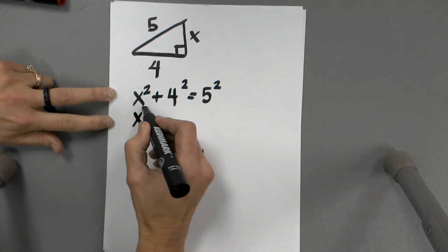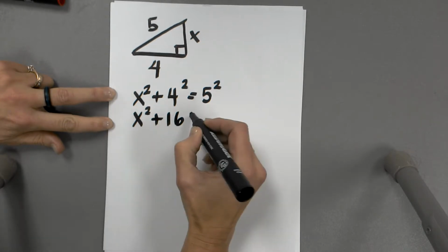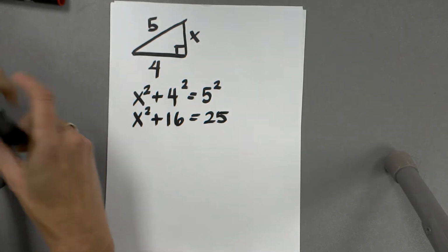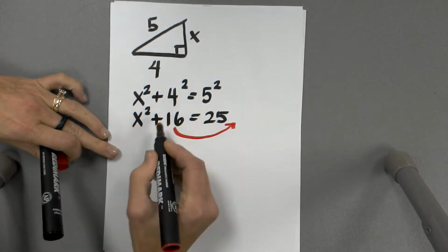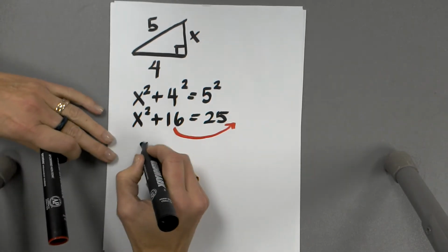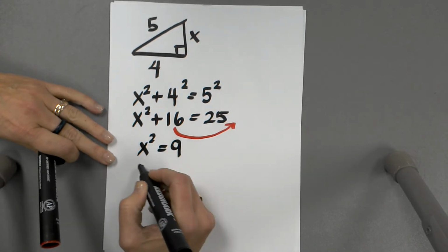So now we just go and replace all of the numbers that we know. 4 squared is 16, 5 squared is 25, and then we are going to subtract 16 from both sides, and that will leave us with x squared is equal to 25 minus 16, which is 9.